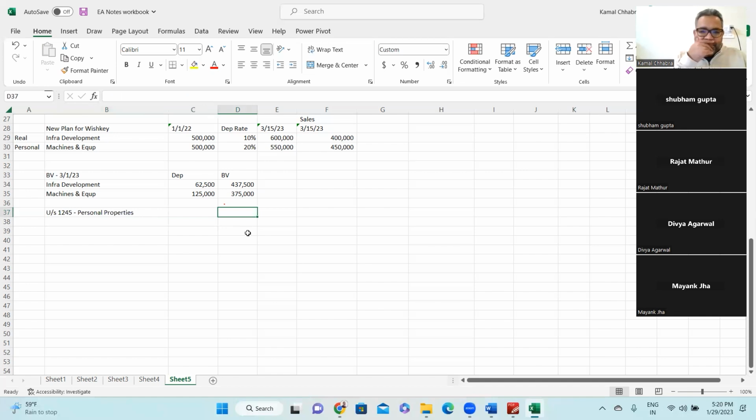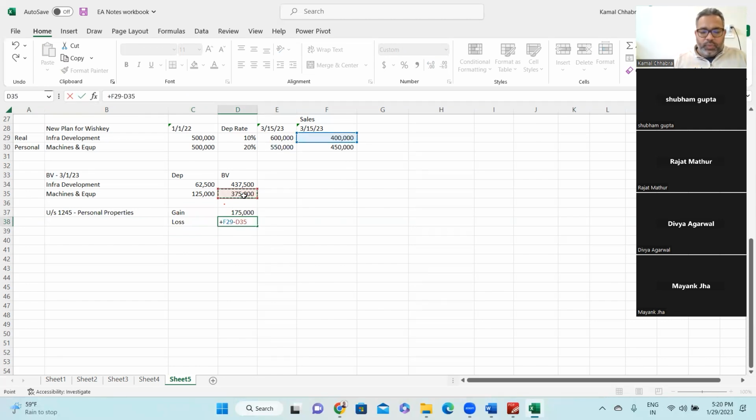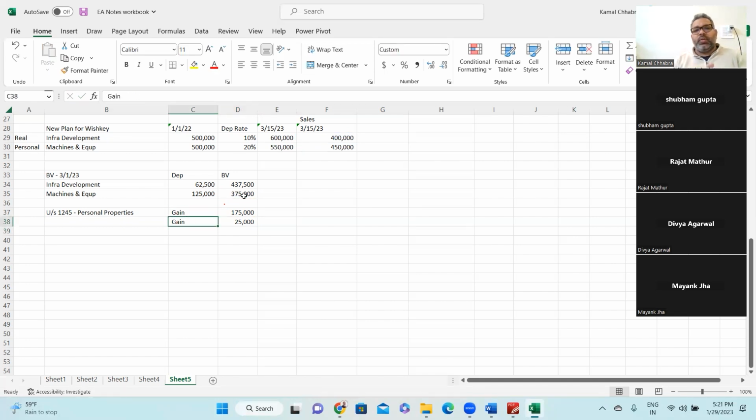In the first scenario, if you have sold this personal property at 550 and the book value is this, then this is your gain. In the second scenario, if you are selling it for this and your book value is this, then also you have a gain. So let's assume in both scenarios you have a gain.